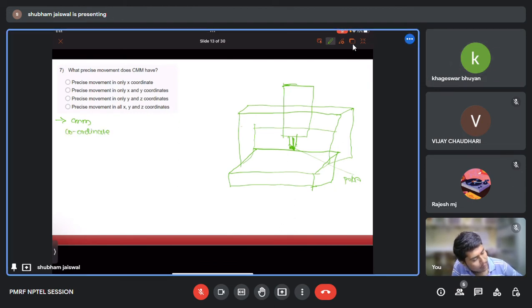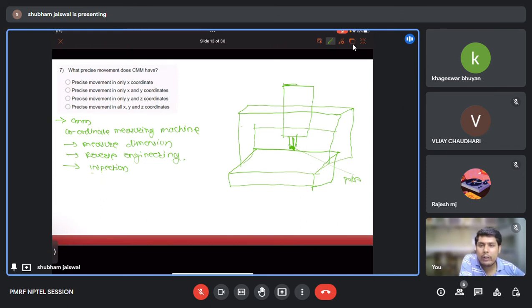We can use it to measure the dimension, or we can use it for reverse engineering. Also we can use it for inspection.